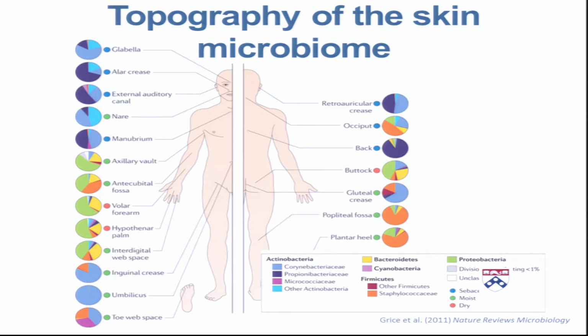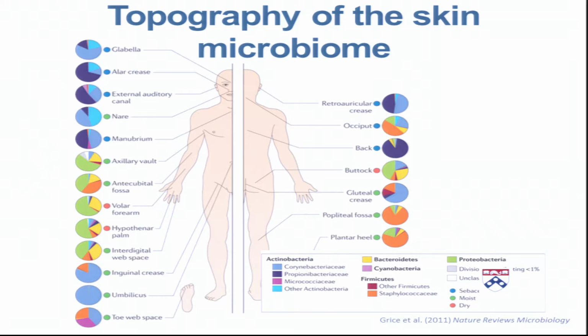So some work that I did back when I was a postdoc fellow in Julie Segre's lab at NIH was to define the topographical diversity of the skin microbiome. And we looked at 20 different skin sites across different microenvironments: sebaceous, meaning oily, moist, as well as dry. And we found that depending on the site you look at, there's a huge variability in the type of microbes that are there.